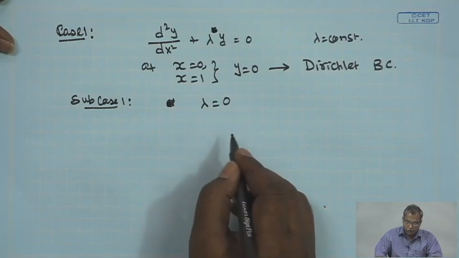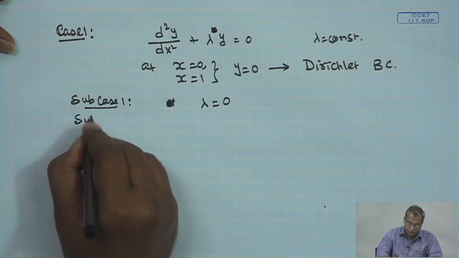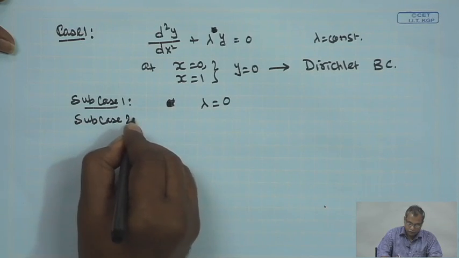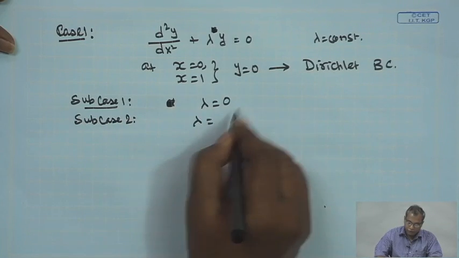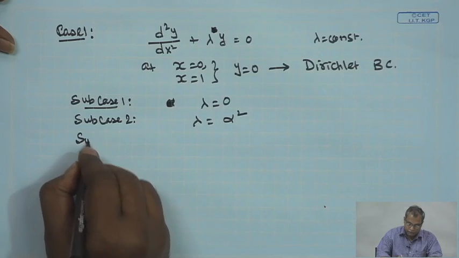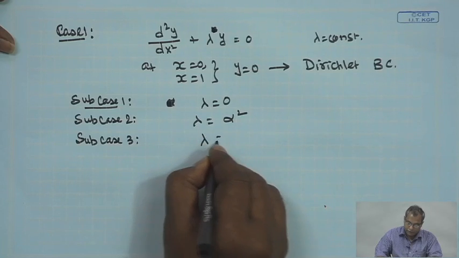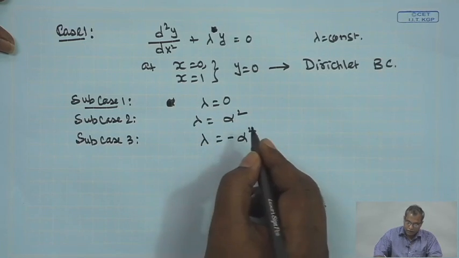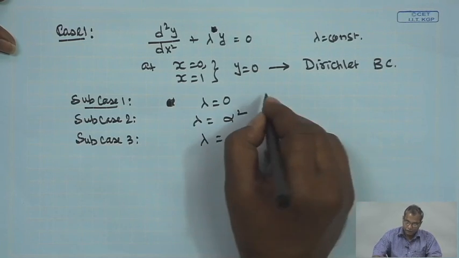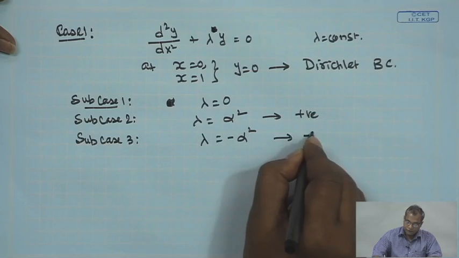Sub case 2 will be lambda is positive, lambda is equal to alpha square, and sub case 3 will be lambda is negative, so lambda is minus alpha square.